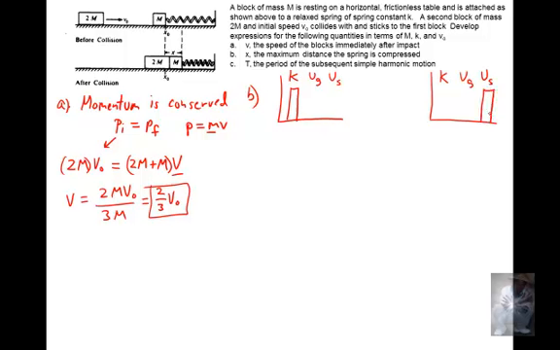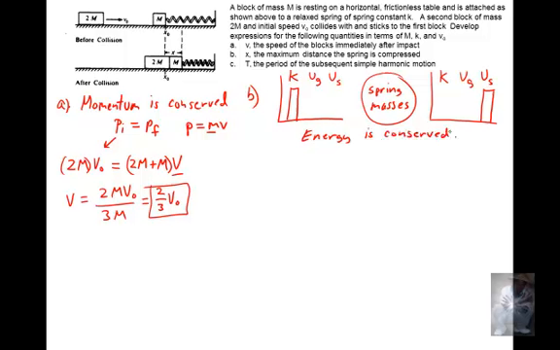Oh, you know what? We should also include our system. Our system should include the spring and the masses. So in this case, our energy statement should be energy is conserved.